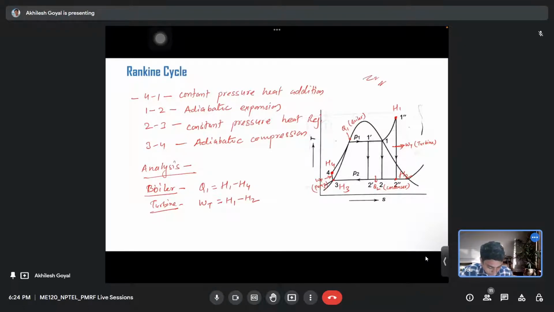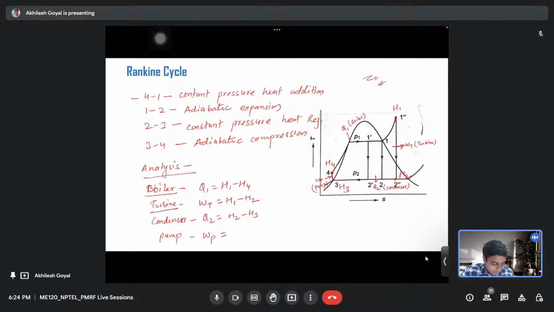Similarly for the condenser, again we can see that heat Q2 is being rejected and enthalpy is going from H2 to H3. So Q2 equals H2 minus H3. Similarly for the pump, the work WP is being done.